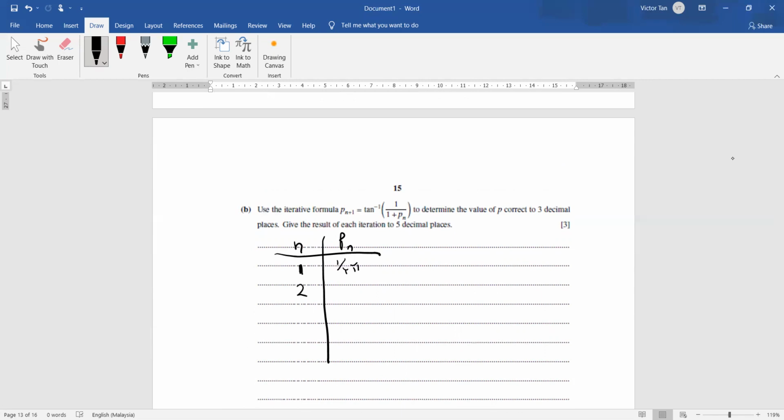So what is p2? Let's move on. Now use your calculator to the fullest. So this is arctangent.